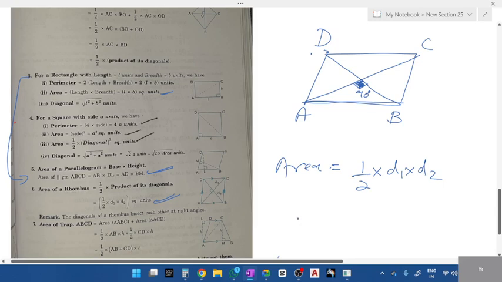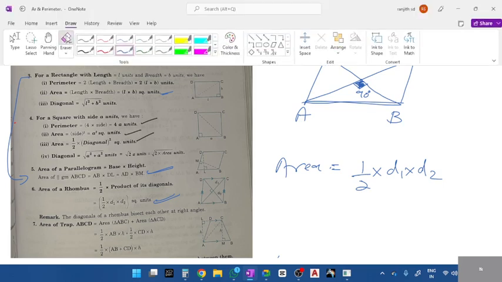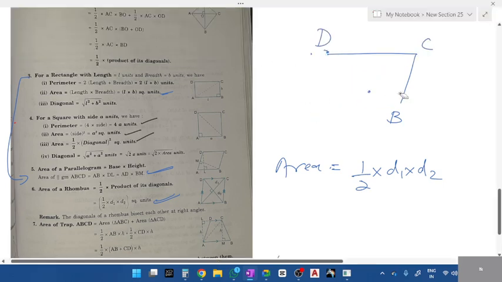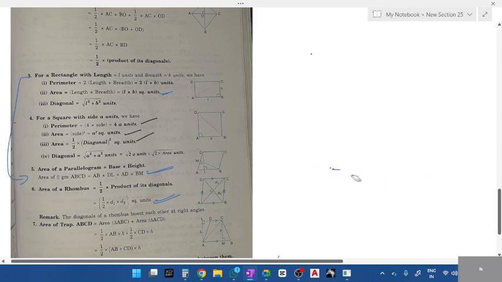Half into diagonal 1 into diagonal 2. Clear? Completed? Okay, next one. So square done, rectangle, parallelogram, rhombus done.